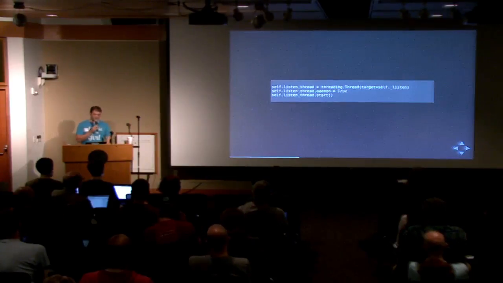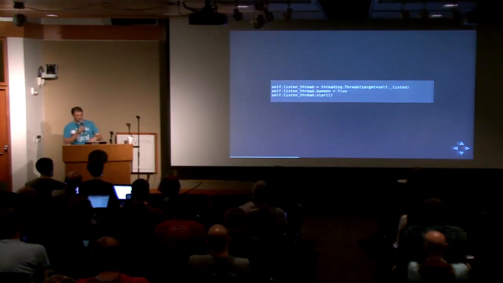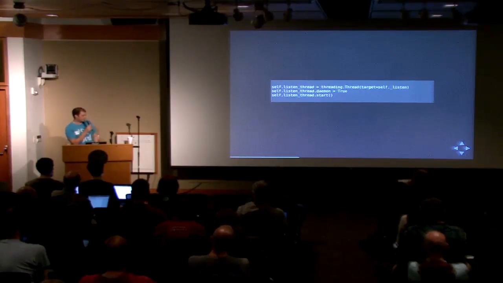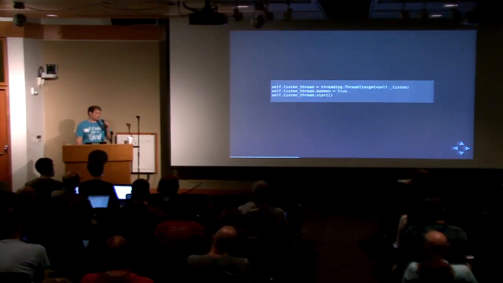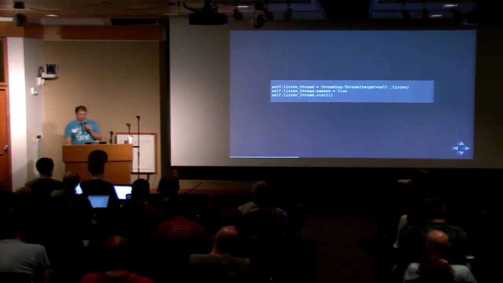Set it to a daemon because I didn't want to have to deal with starting and stopping the thread. So when the main thread dies, even if this is still running, the process will exit anyway. And then you just say thread.start. That's all you need to do to get a thread running, which is why if people have tried threading in other languages like C or something like that, it's super nice to use.